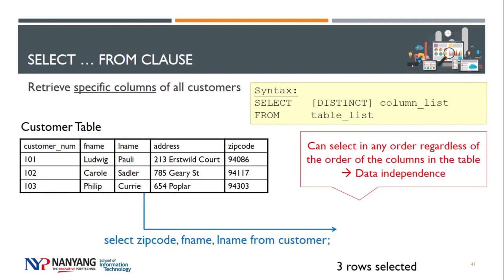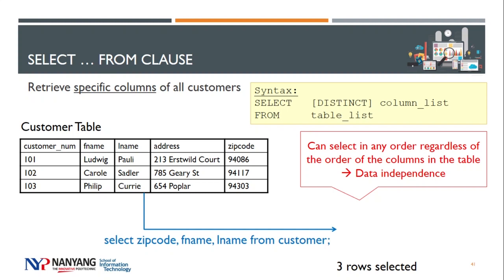Down here you have another example. To retrieve information, the syntax here is select the column list and then from the table list. In this case, we can have a syntax to select zip code, first name, and last name from the customer.